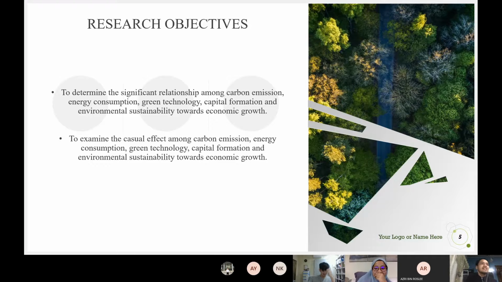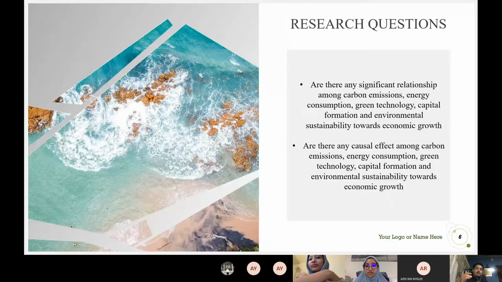And also to examine the causal effect among carbon emission, energy consumption, green technology, capital formation, and environmental sustainability towards economic growth. So we conclude that we want to ask questions: are there any significant relationship among carbon emissions, energy consumption, green technology, capital formation, and environmental sustainability towards economic growth?